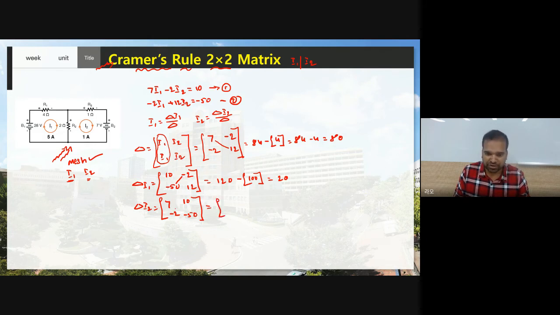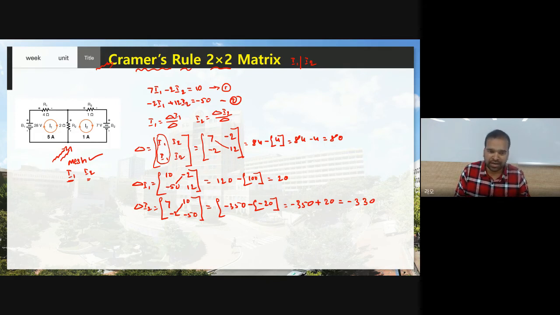Delta I2 means 7 into minus 50, that is minus 350. Now we are finding the determinant, so when you multiply this one, we need to keep a minus here. Therefore minus 2 into 10 is minus 20. Therefore minus 350 minus minus 20 will become plus 20. Therefore minus 330 is the determinant of delta I2.